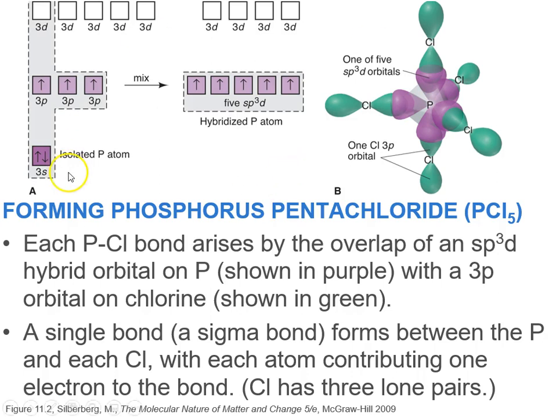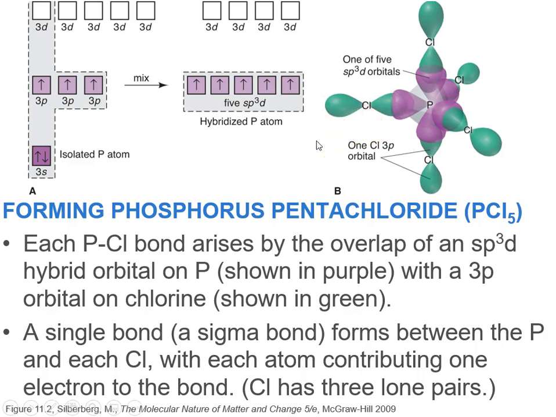So just as we showed in the video, we took the 3s orbital with 2 electrons, and 3 3p orbitals with an electron in each one, and we mixed an s, 3 p's, and a 3d to get our 5 hybridized orbitals, sp3d. And the overlap occurs between this single electron here and one of the unpaired electrons on the chlorine.